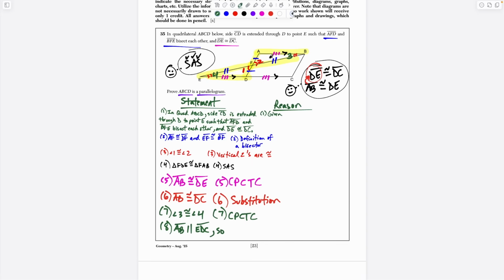So if AB is parallel to EDC, then that means that AB is also parallel to DC. All right, I'm just being extra careful by saying this because the parallelogram, the sides are AB and DC. So I want to make sure that I'm saying that here just to play it safe. And now for our reason, we could say that when two lines are cut by a transversal forming congruent alternate interior angles, that means that the two lines are parallel.